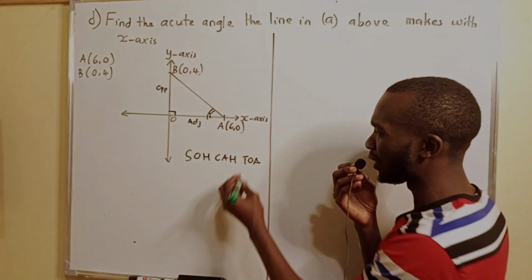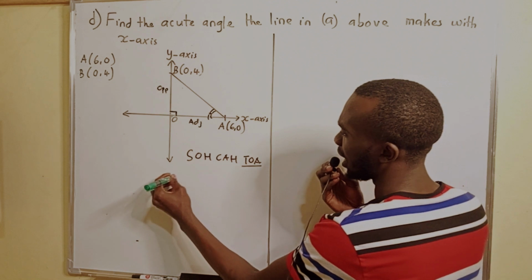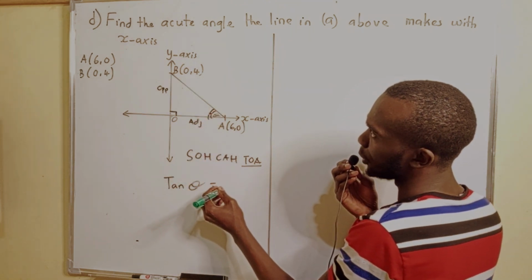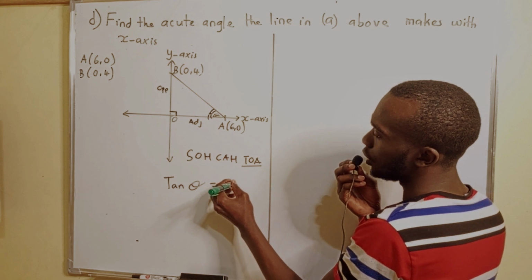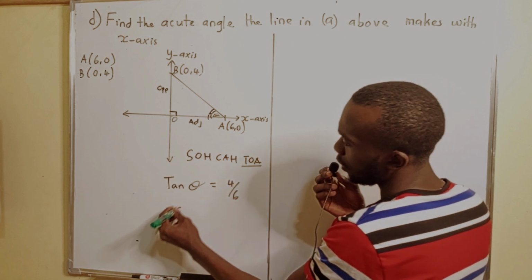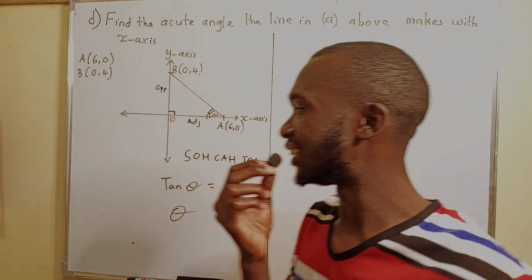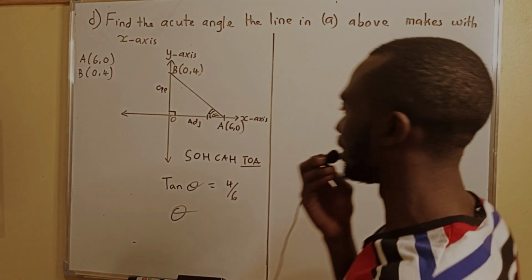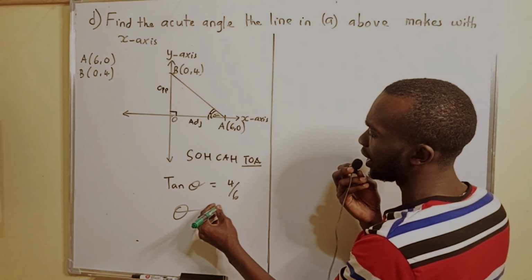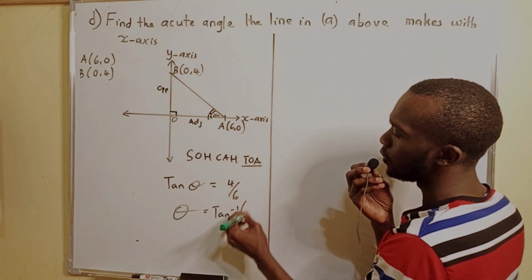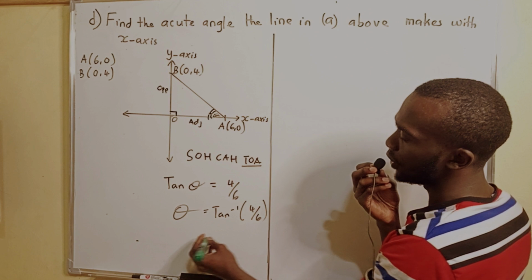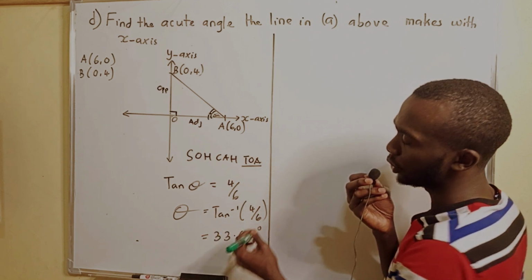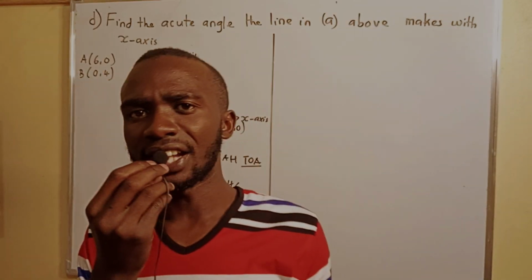So tan of the angle theta is equal to opposite over adjacent, which is 4 over 6. So theta is equal to tan inverse of 4 over 6, of which the answer is 33.69 degrees. This is the angle this line makes with the x-axis.